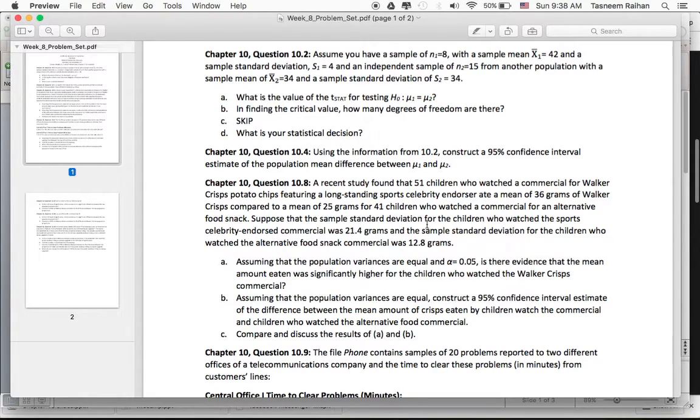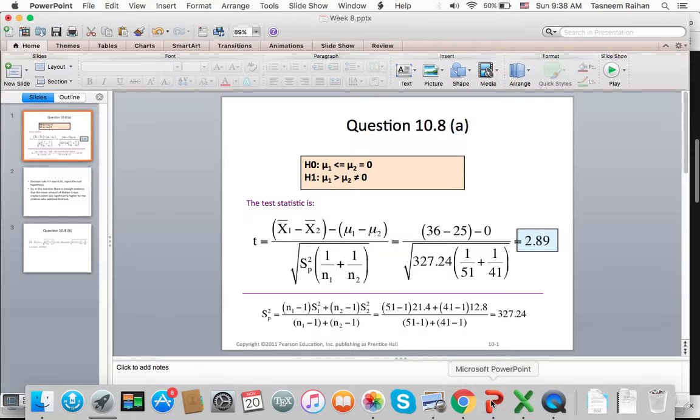And in our null hypothesis, we'll have just the opposite case. That means the mean of the first population is smaller than or equal to the mean of population 2. So that's what we have here.